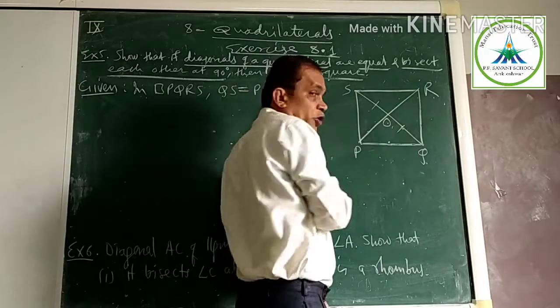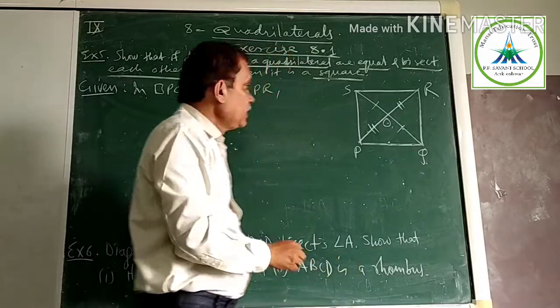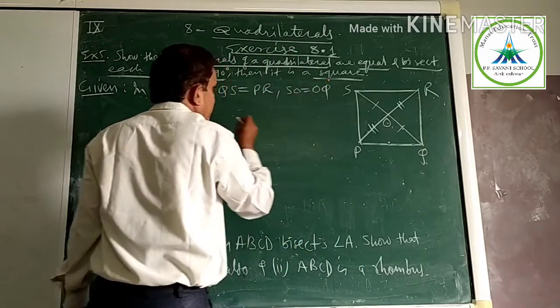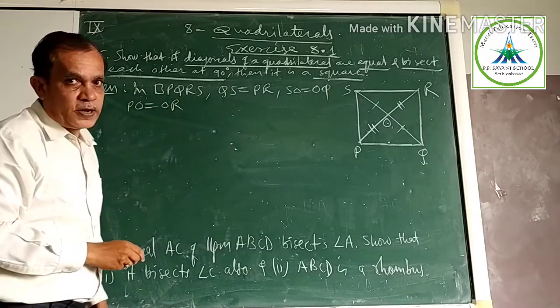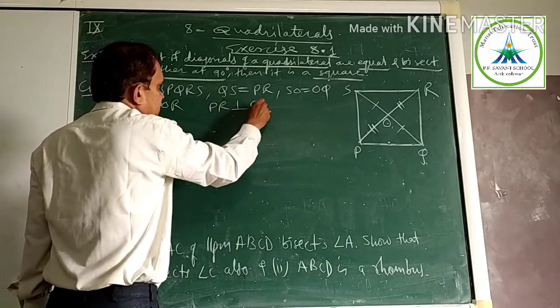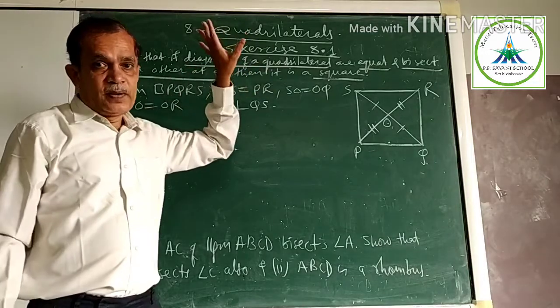Means SO equal to OQ, and PO equal to OR. And also see, PR perpendicular to QS.